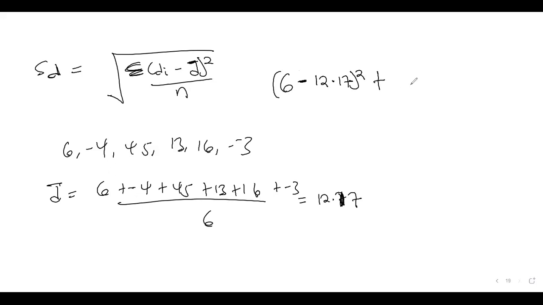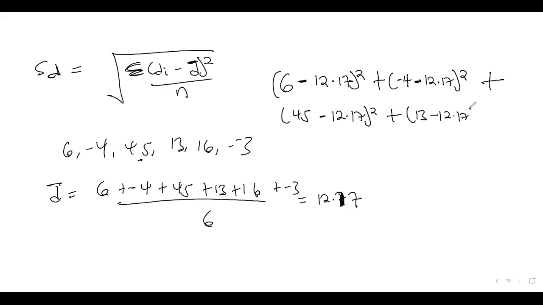The second difference is minus 4, so minus 4 minus the average difference, which will never change, 12.17 squared. Plus, the third difference was 45, so we have 45 minus the average difference, 12.17 squared. Plus the fourth difference was 13, so 13 minus 12.17 squared.